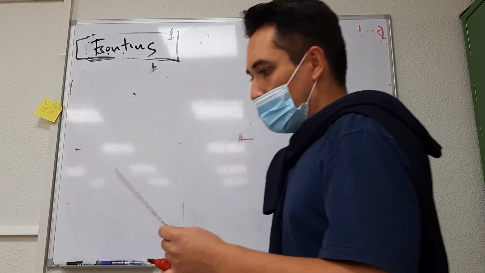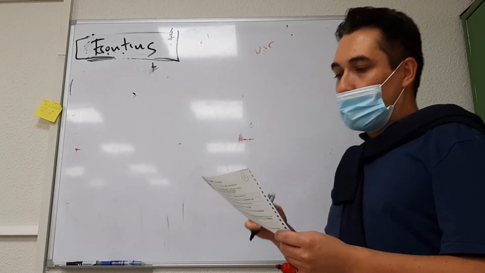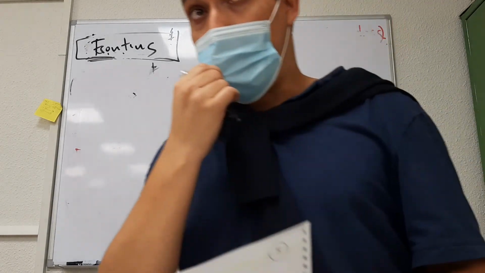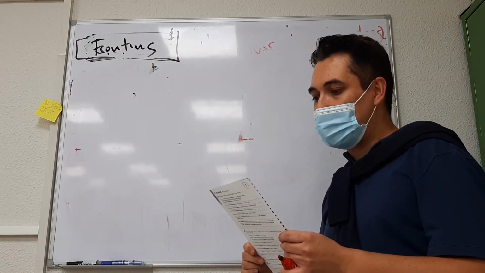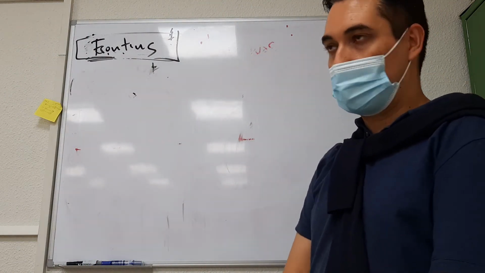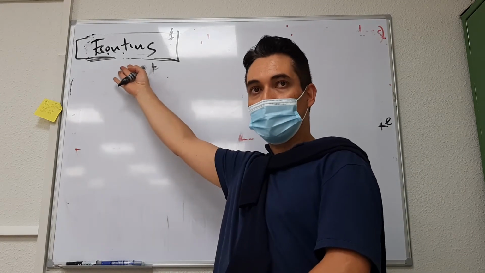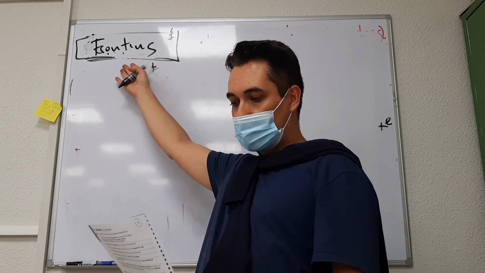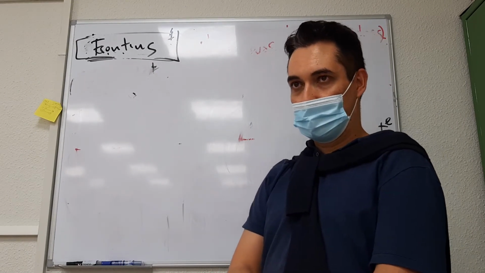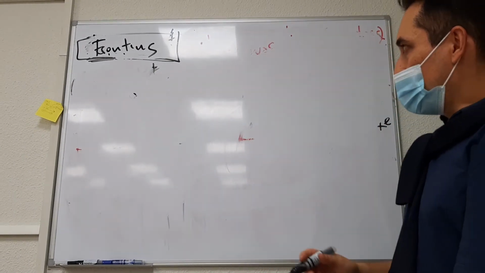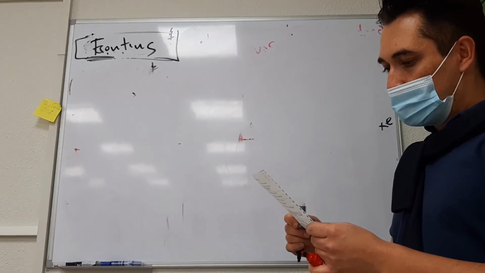What is fronting? Fronting, as we saw in the previous example, listening to music, David was, is moving words to the beginning of a sentence for emphasis. I repeat, what is fronting? Fronting is moving words to the beginning of a sentence for emphasis.